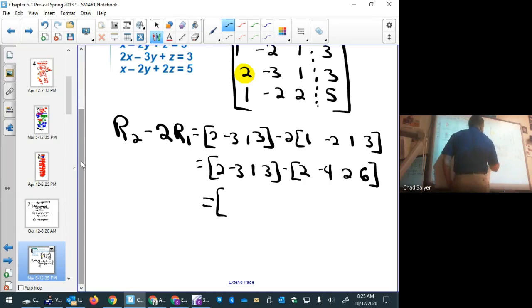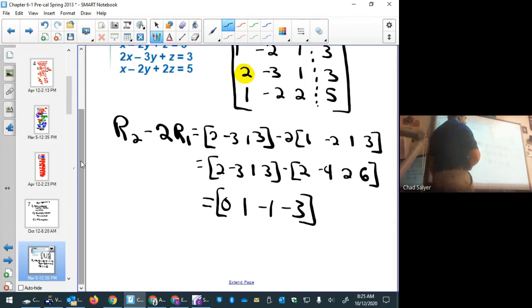So this is 2 minus 2 is 0. -3 minus a -4 is 1. 1 minus 2 is -1. And 3 minus 6 is -3. So I'm going to take row 2 and replace it with our new and improved row 2.